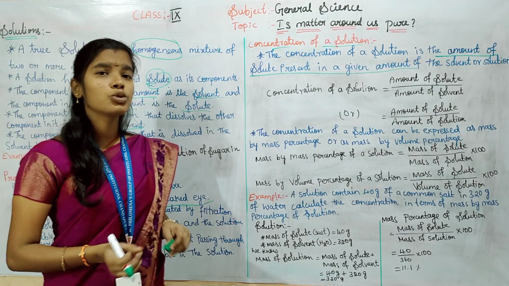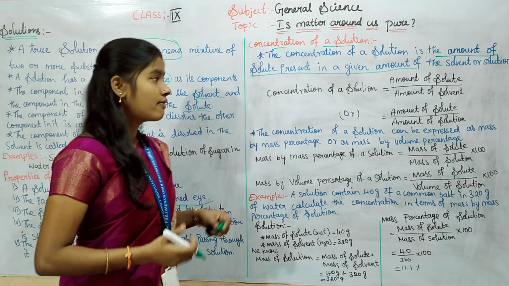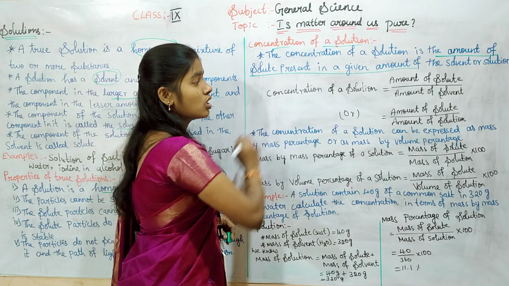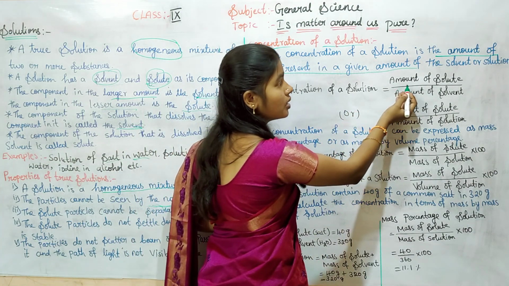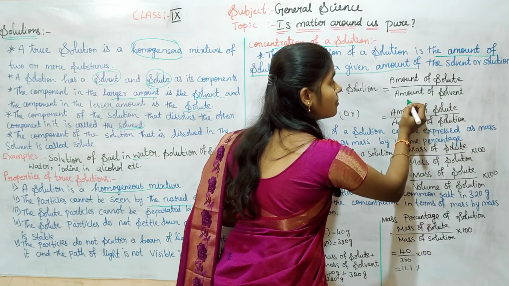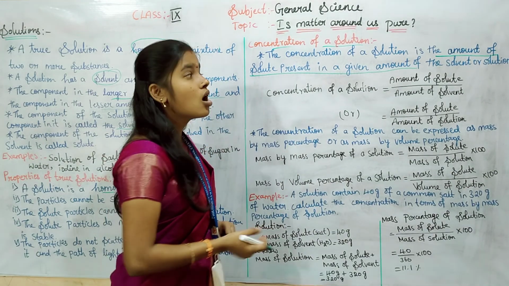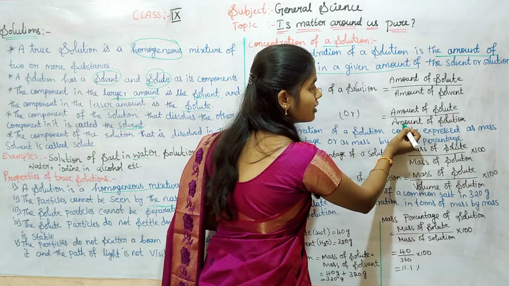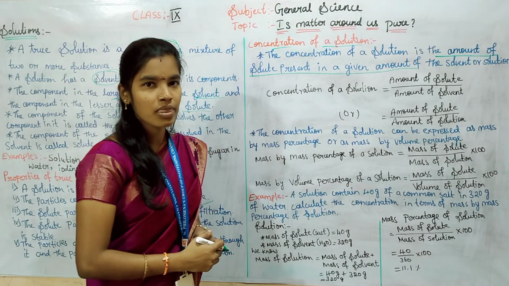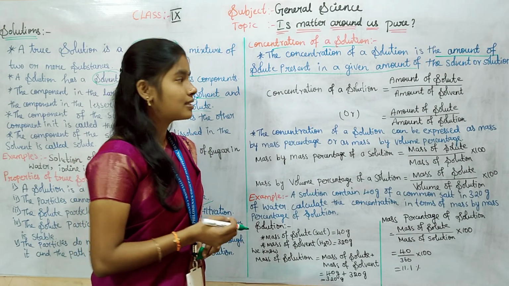So how can we calculate the concentration of a solution? We have a formula. Concentration of solution is the amount of solute divided by the amount of solvent, or the amount of solute divided by the amount of solution. The formula is very important. Listen carefully, children.